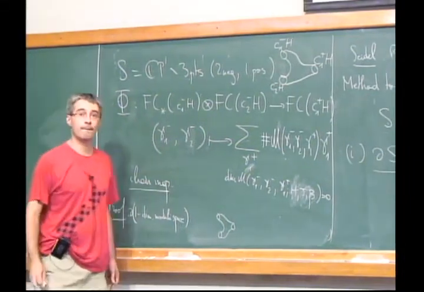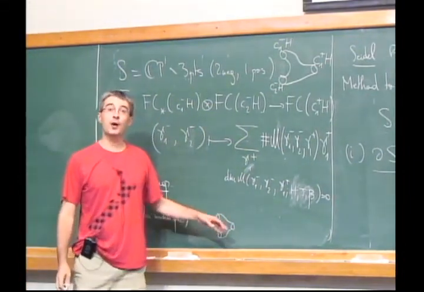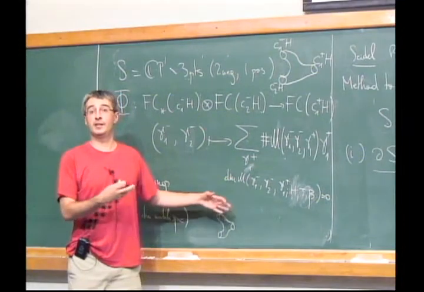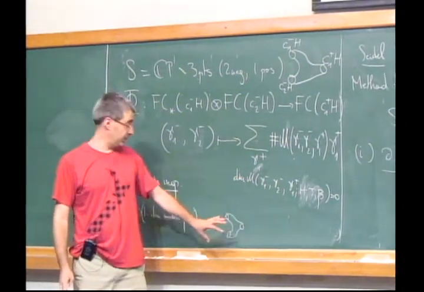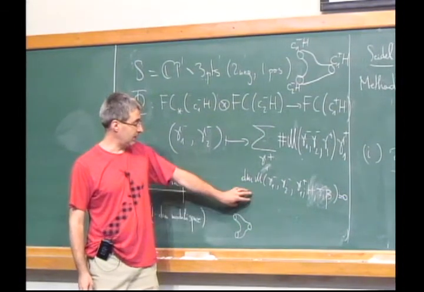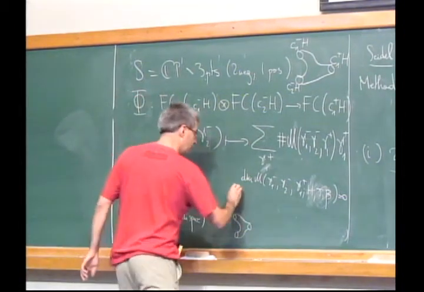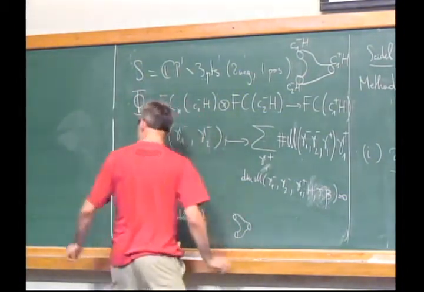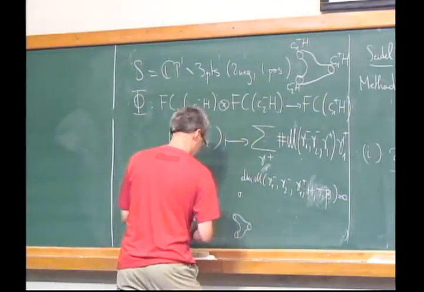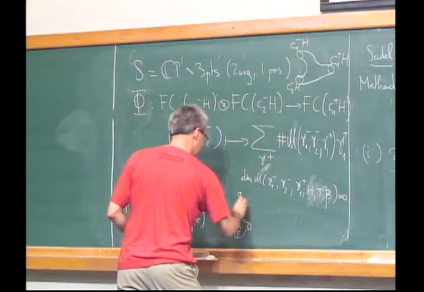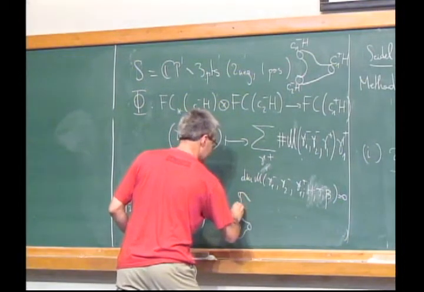You pass to the limit, you have uniform C infinity local convergence, so it's going to converge to something that probably will have one different asymptote, which I'm going to draw in, and the others have to be the same.